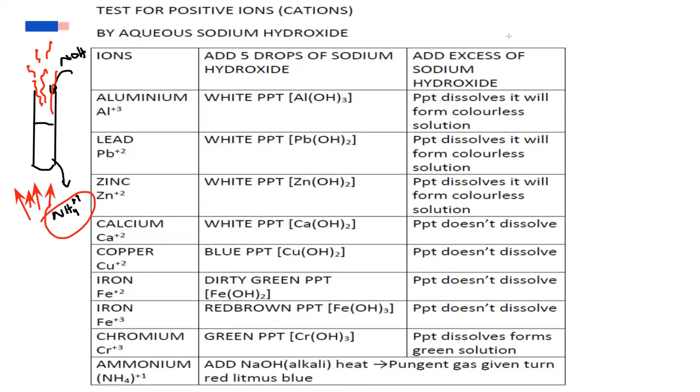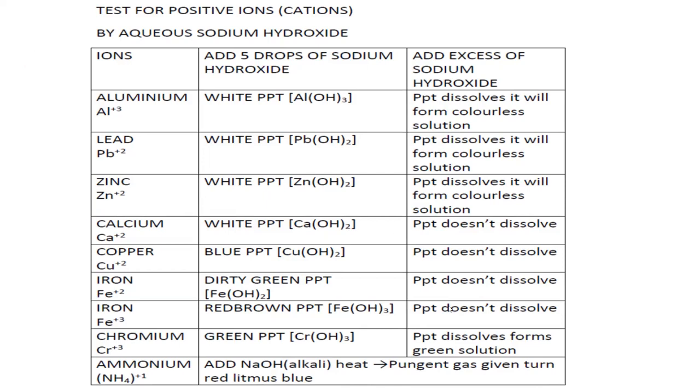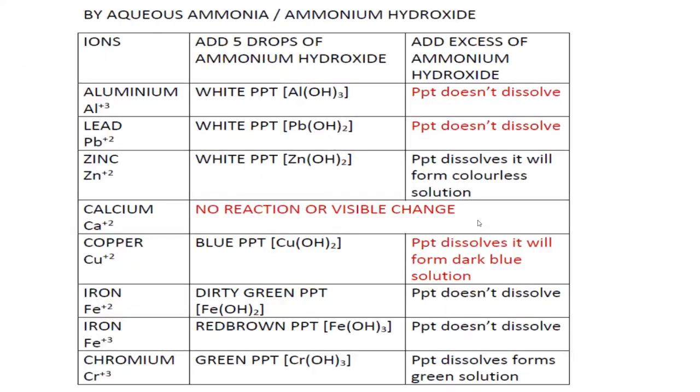The second way to identify the positive ion is by testing with aqueous ammonia, or ammonia solution, or ammonium hydroxide. So aqueous ammonia, ammonium hydroxide, ammonia solution, all are the same. The concept is the same. So what we do to test this ion, for example aluminium, we want to test aluminium.